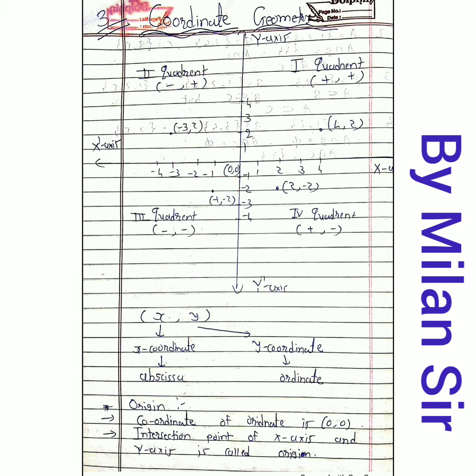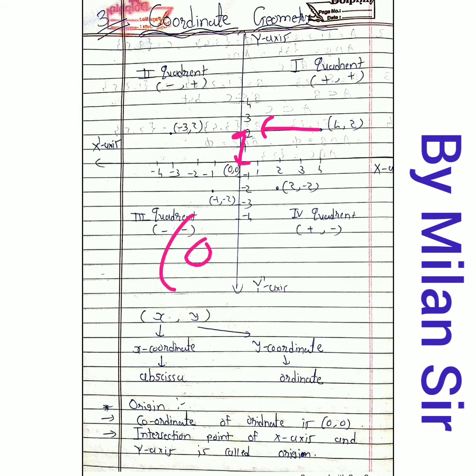Similarly, if our point lies on the y-axis, for example here, then our x coordinate, looking vertically, is 0, and the y coordinate is 2. So 0 2 is the coordinate of this point. Again, on the x-axis the value is 0, and on the y-axis the value is 2.